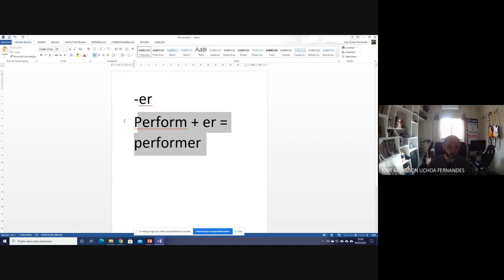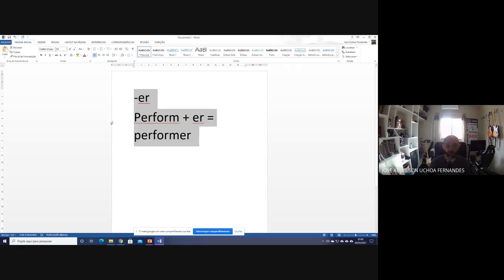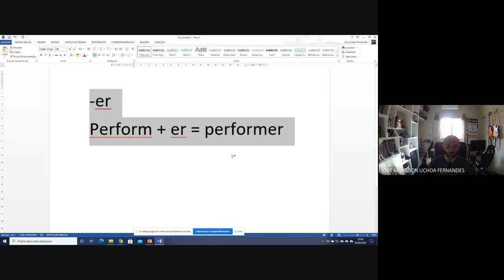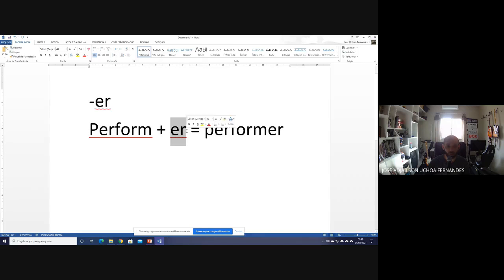Performer. If you had to give me a definition, what is this er for? If I asked you this in a test, what does it do for the verb to perform? Well, it's a suffix, isn't it?